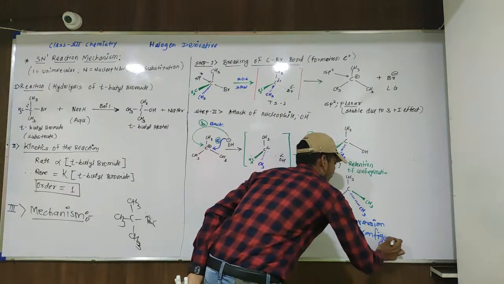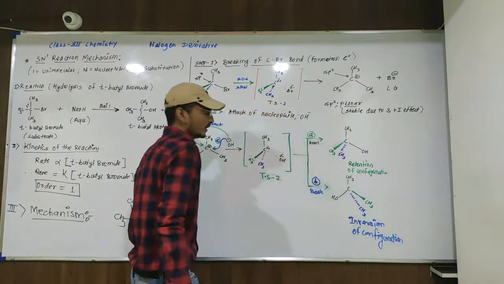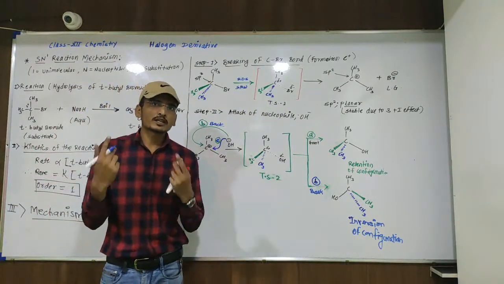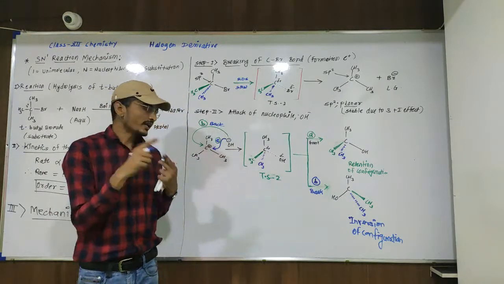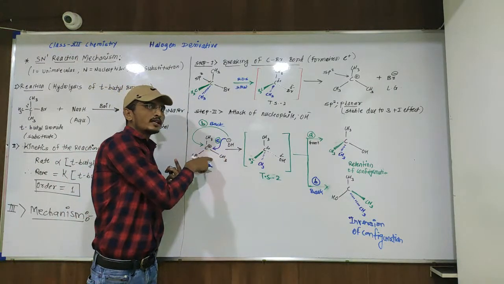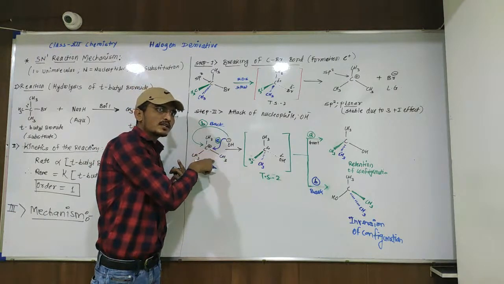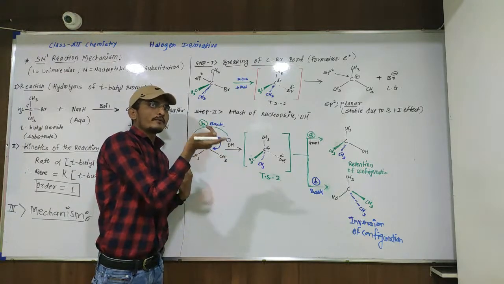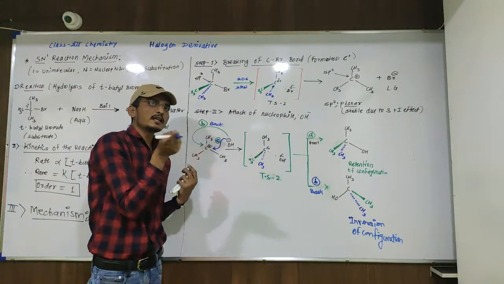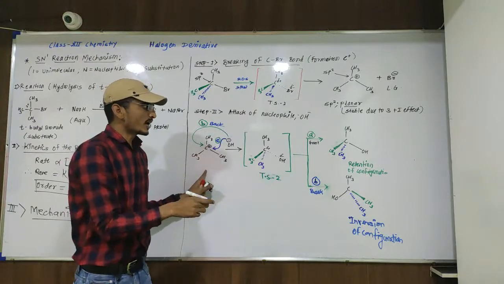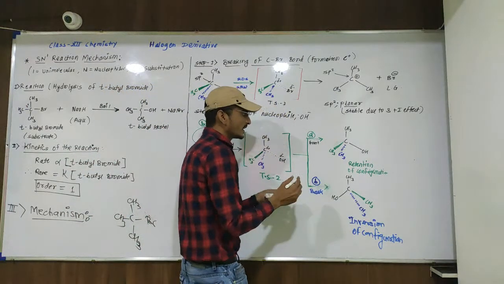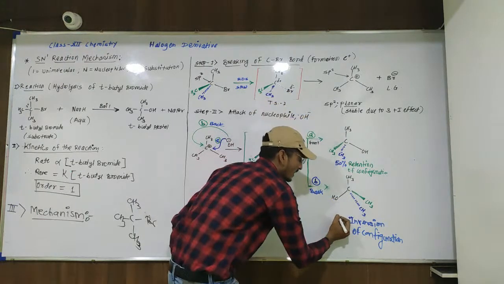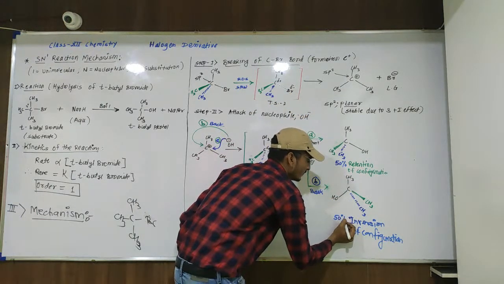That is important here: inversion of configuration. But you will get two products, so which product is major and which is minor? Let us see again. The nucleophile can attack from the front side and from the back side, and the chances of attack from either side are equal. That's why you will get 50% retention of configuration and 50% inversion of configuration.